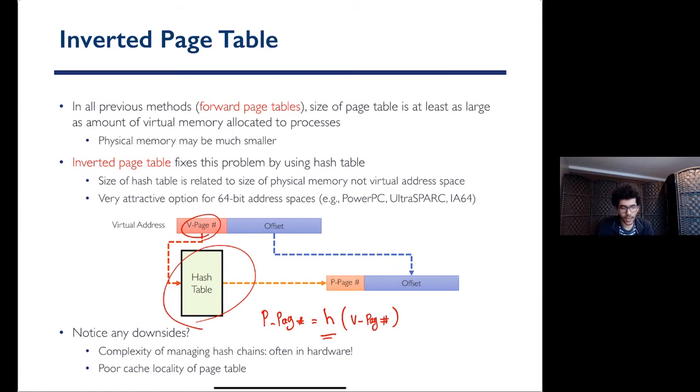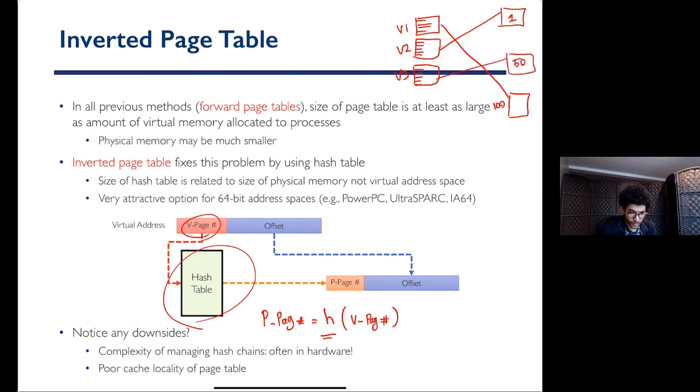This comes at a cost, because your application could use, for example, virtual page number 1, virtual page number 2, and virtual page number 3. So these are virtual addresses that are consecutive, right? But then when it goes through the hash, the hash of virtual page number 1 could be physical page number 100. The hash of virtual page 2 could be physical page number 1, and number 3 could be hashed to number 50, for example.